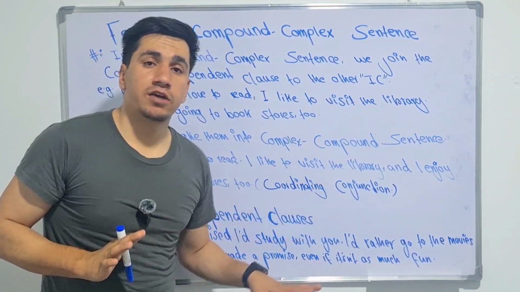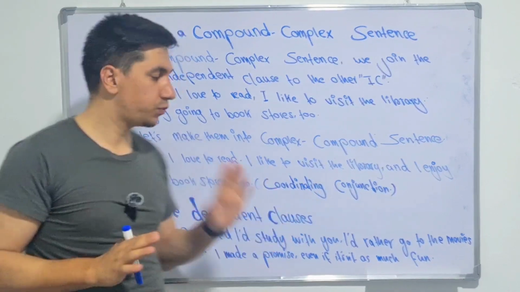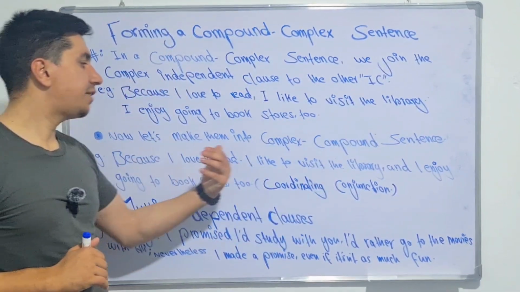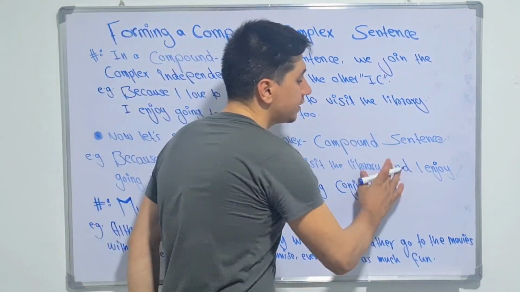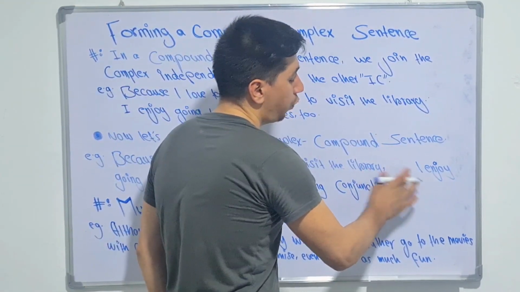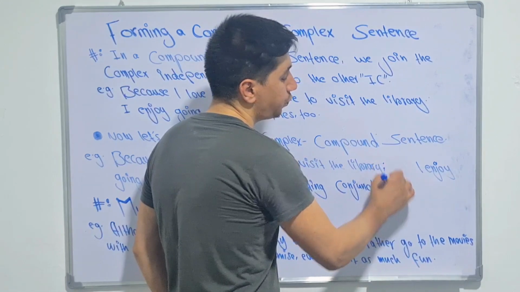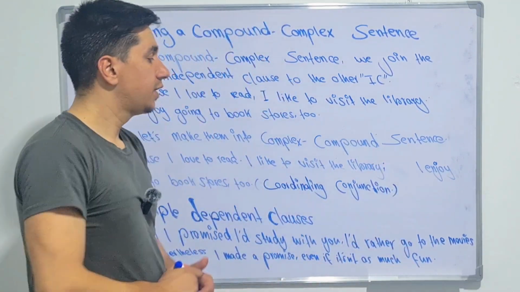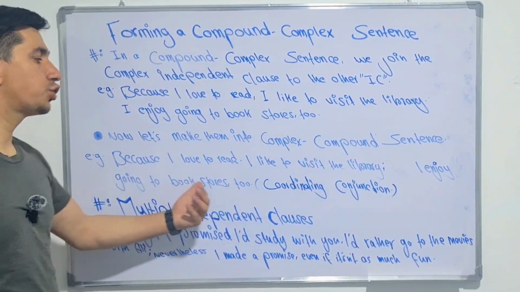Instead of a conjunctive adverb, we can just use the semicolon as well. Simple and easy. How? Because I love to read, I like to visit the library. But now we can delete the coordinating conjunction and add the semicolon, and the sentence will be completed: I enjoy going to bookstores too.